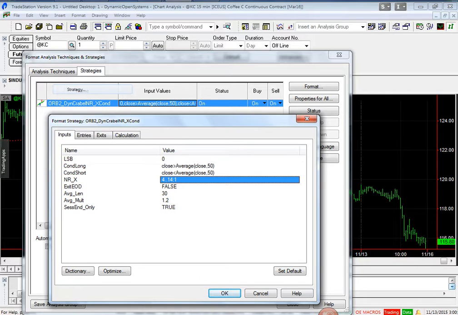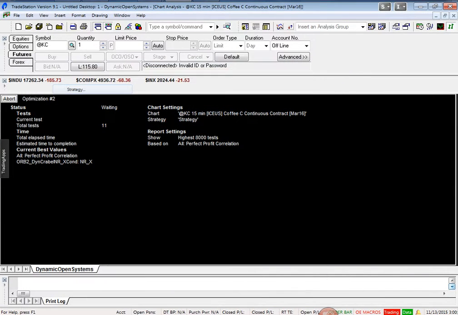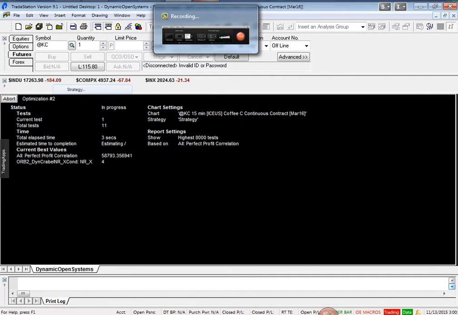So this restricts how often we trade. If narrow ranges lead to better trades, the more we restrict it, the better our trades should be. So we're going to go here in TradeStation and do our optimization.